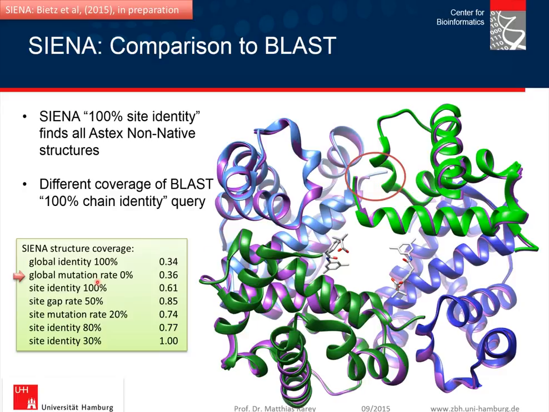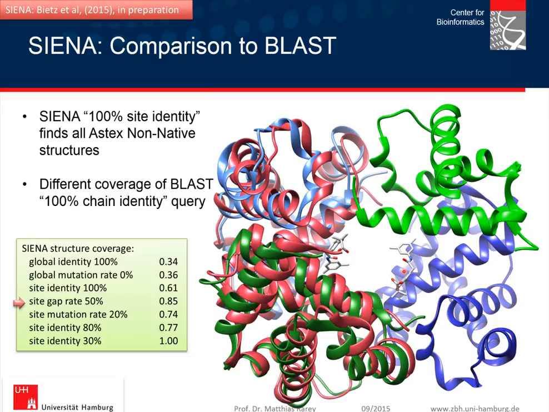So this is something you can handle by going from global identity to global mutation rate. We can go to a very high gap rate for the active site, and this is to show you what happens if you do a BLAST search.